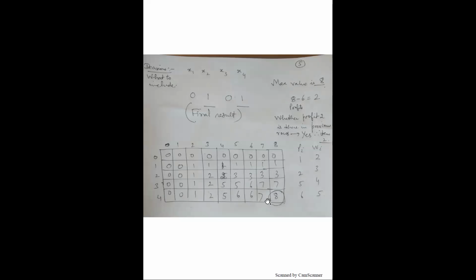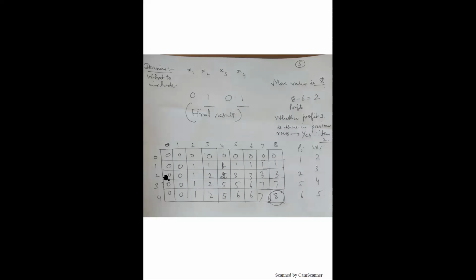Item 4 is definitely there. Let's look at the previous items. Go back. What is the left profit value? It is 2. 2 is there in the third row also. But does this 2 belong to item 3? Let's verify it. How will we verify it? Let's look at the previous row. 2 is still there because this 2 in row 3 has been carried forward from row 2.